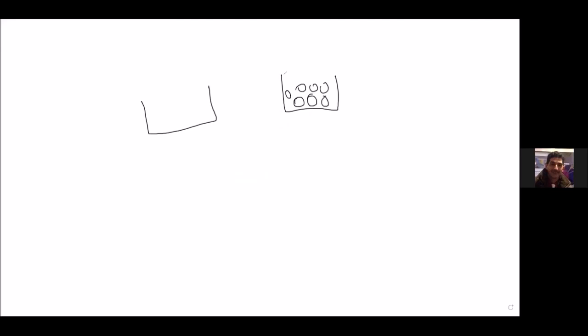This is a reactor which is creating these gases. Let me color them green. Now, this one, green here, is gas plus salt.